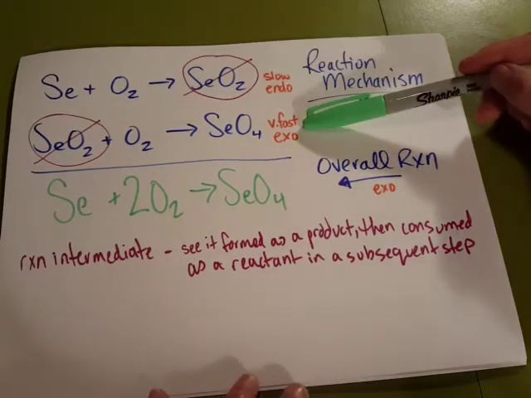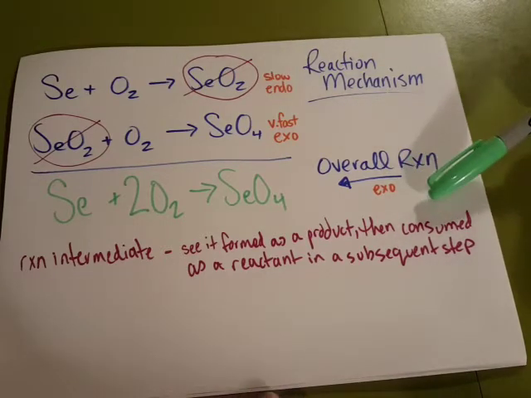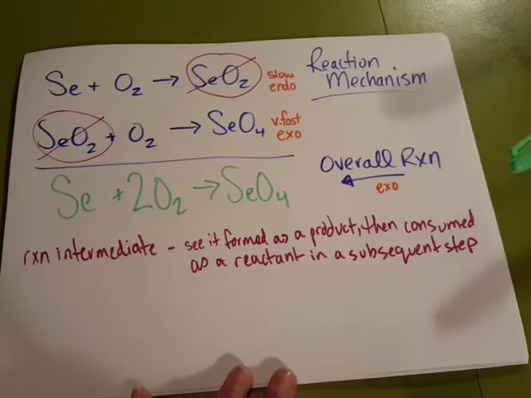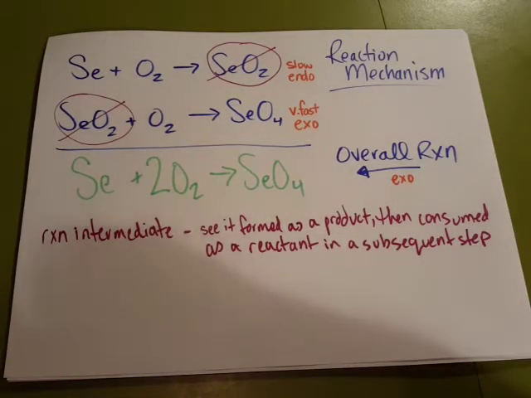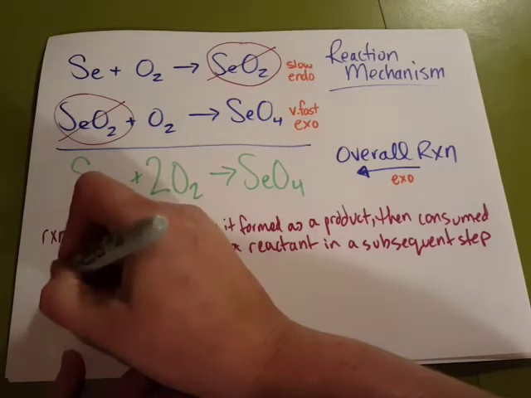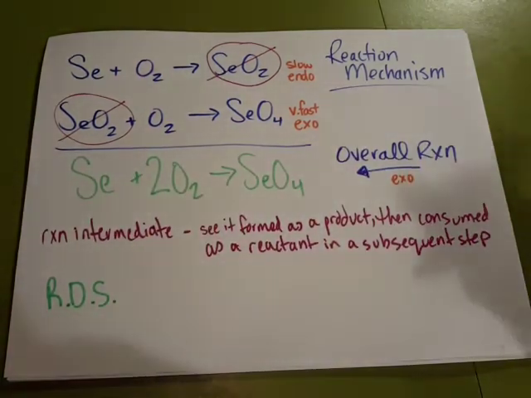Overall, we also have some description about the rate of each of the steps. So we'll also have a rate determining step, or an RDS. The rate determining step is going to be our slowest step.